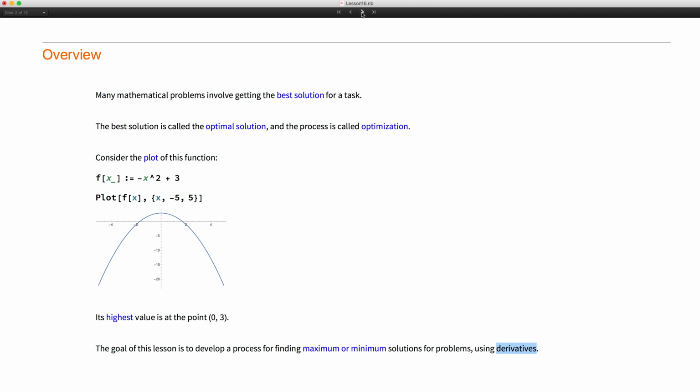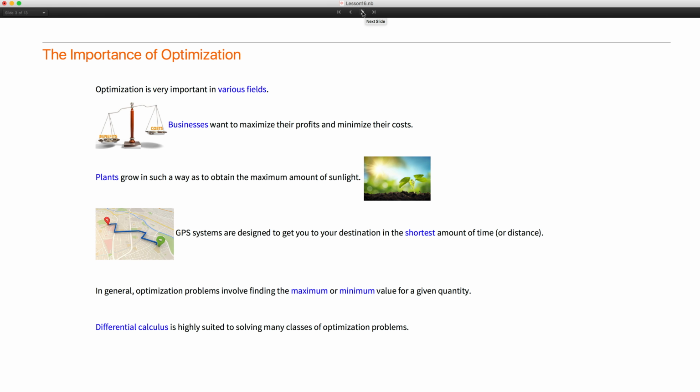Various people use optimization in different ways. For example, if you run a business, then clearly what you want to do is to maximize your profit and minimize your cost. Even a plant knows that it must grow in such a way that it obtains the maximum amount of sunlight. A GPS system is designed to get you to a destination in either the shortest amount of time or distance.